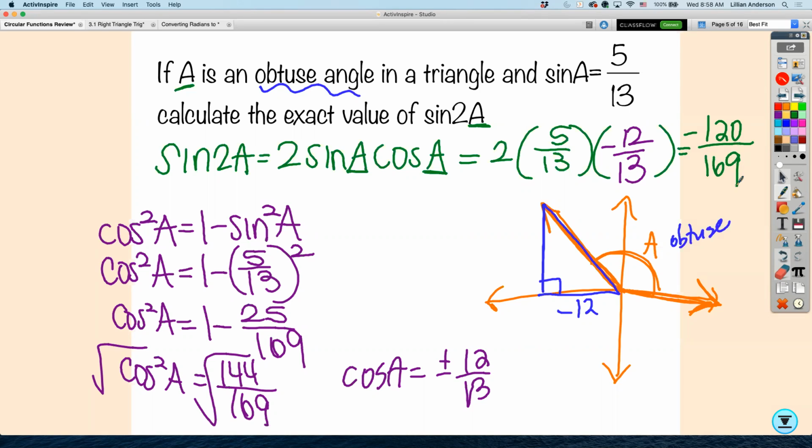There we go. And that cannot reduce. This question actually was a question from like an old IB exam. What of course tripped up students was the fact that they forgot about the whole obtuse angle. It's going to put you in your second quadrant every time. Okay.